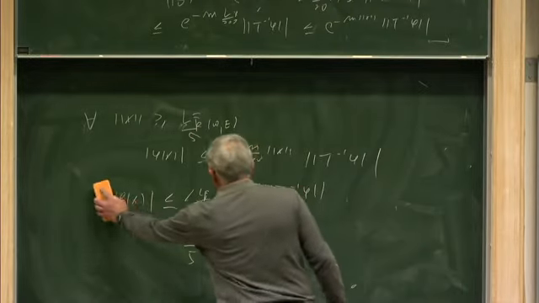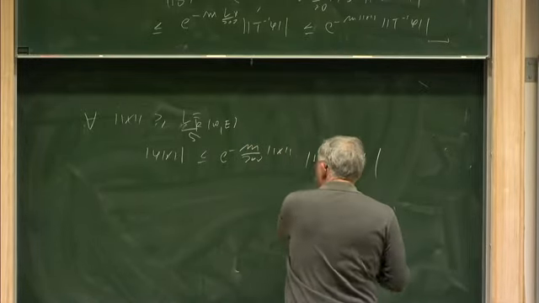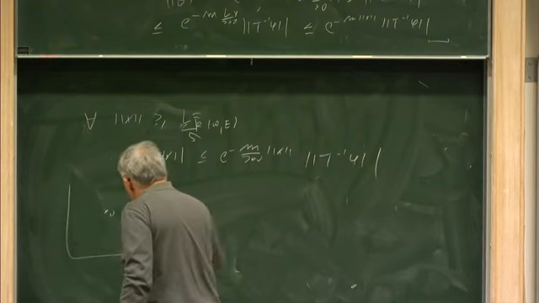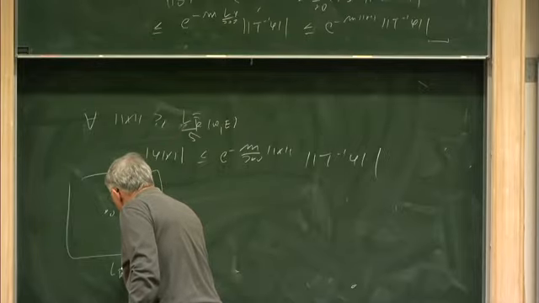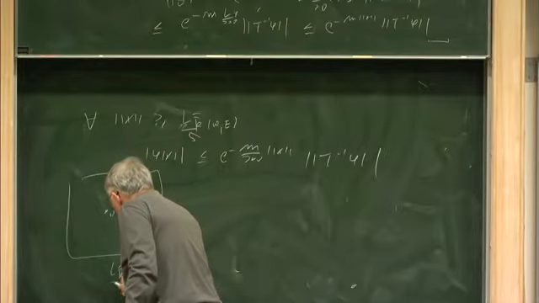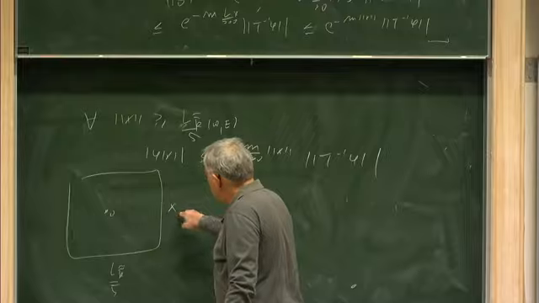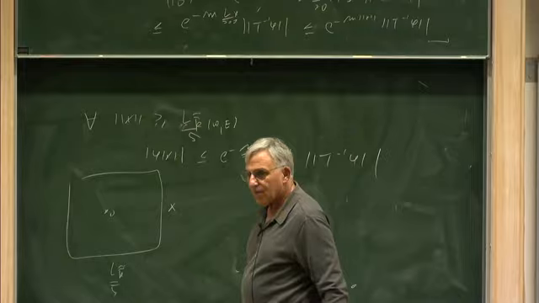No, what I'm saying is the following. I have estimated this. Here is Lk double tilde divided by 5. If I take x outside, I have a bound. And inside there are finitely many values.